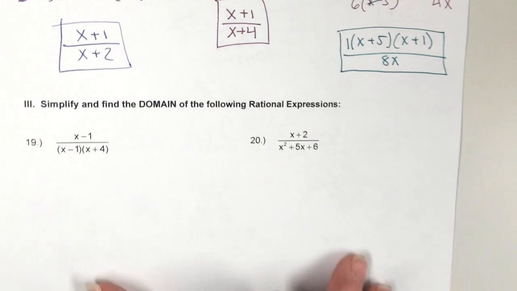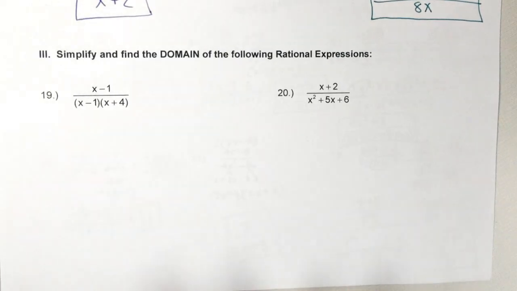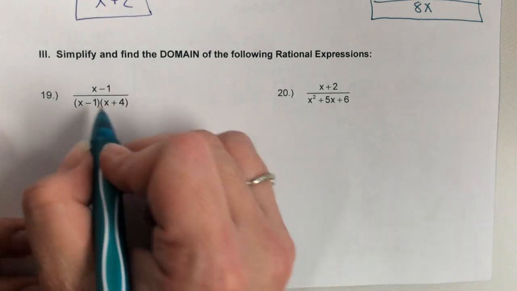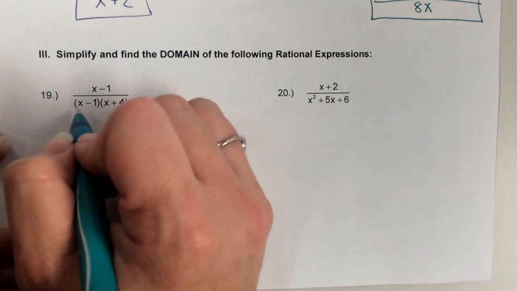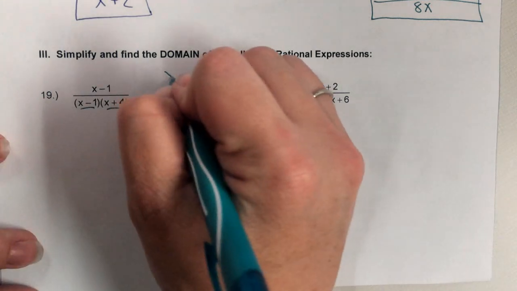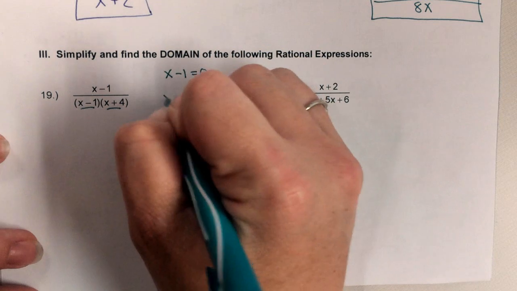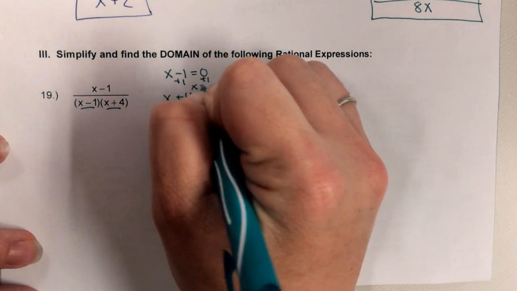Okay, 19 and 20. It says simplify and find the domain. Okay, so remember, we always find our domain first. I don't need to find a common denominator because it's just 1. What would make each factor equal to 0? Well, remember, you can set them equal to 0 and solve. Here we would add 1, x equals 1.